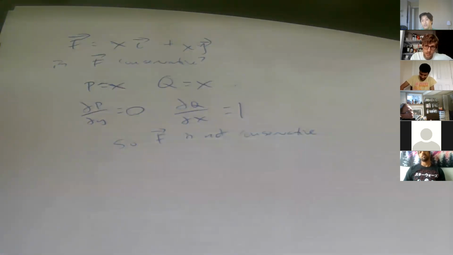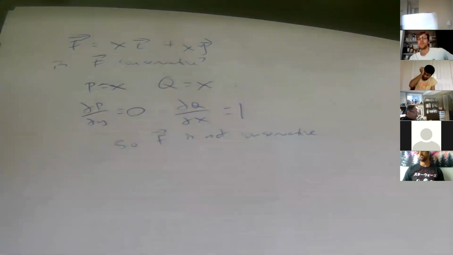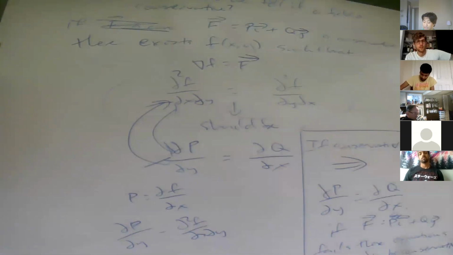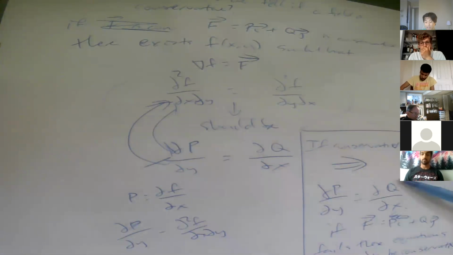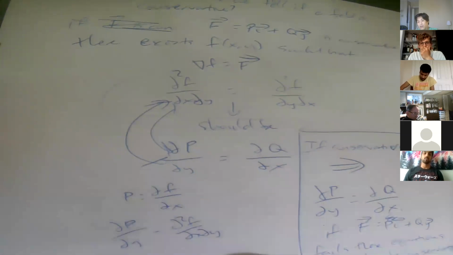It says that if I'm conservative, I have this to be true. But can I turn the arrow around and say, if this happens, I have a conservative field? Another yes or no question.